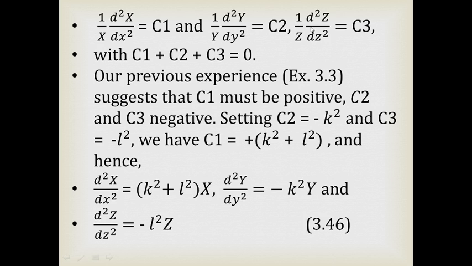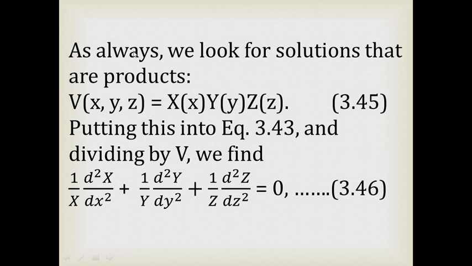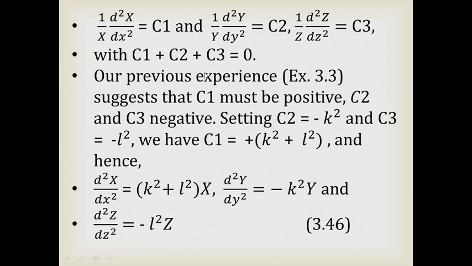And 1 upon capital Z d square capital Z upon dz square is equal to a third constant C3. Substituting these constants in our previous equation, this is C1, this is C2, and this is C3. So C1 plus C2 plus C3 is equal to 0. That way we obtain this equation.